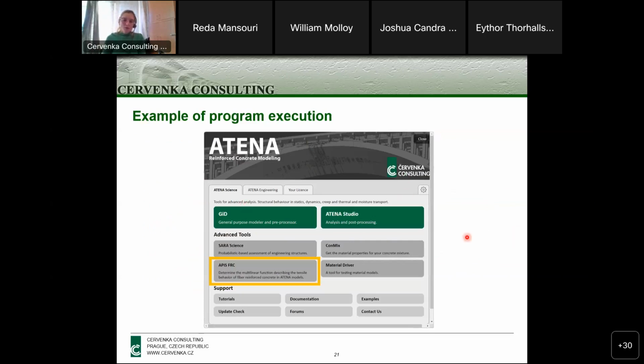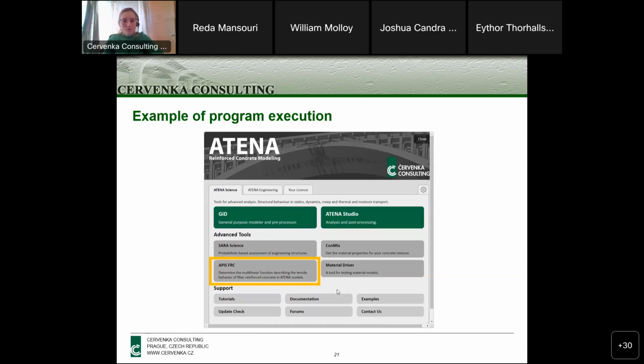And now I would actually switch to the interface where we will try to run the program. The easiest way for entering the APIS FRC module is to use ATENA Center, where you see the button for APIS FRC.